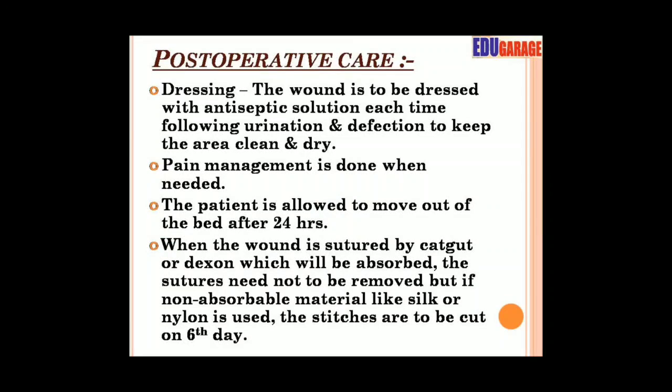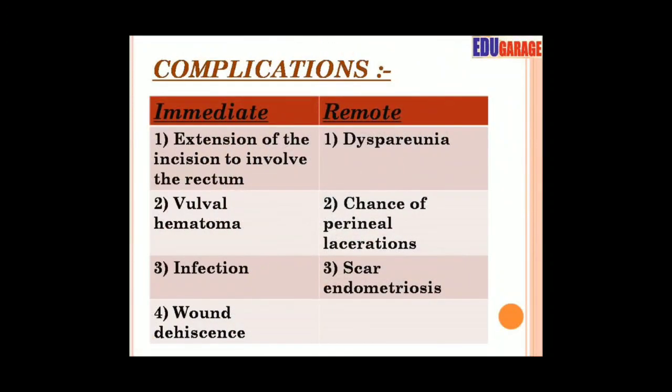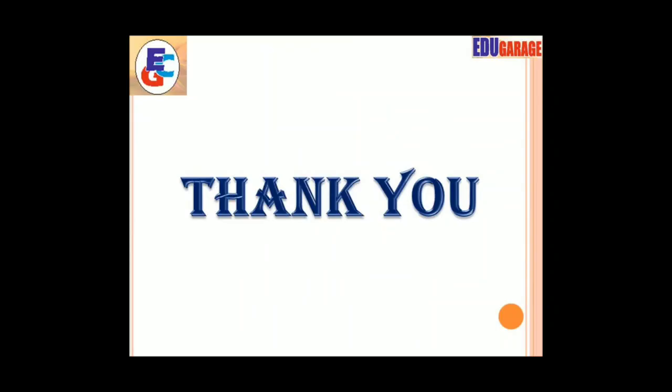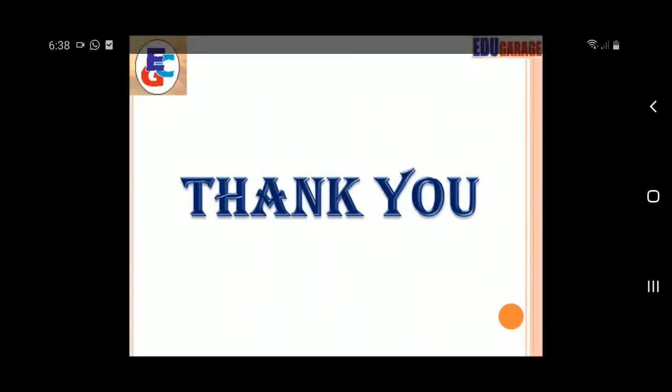Dressing should be done with antiseptic solution, pain management should be done, and the patient should be allowed to walk after 24 hours. The catgut need not be removed. Complications include extension of the incision, infection, wound dehiscence, and a chance of perineal laceration.